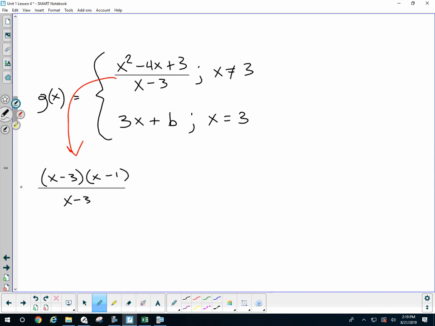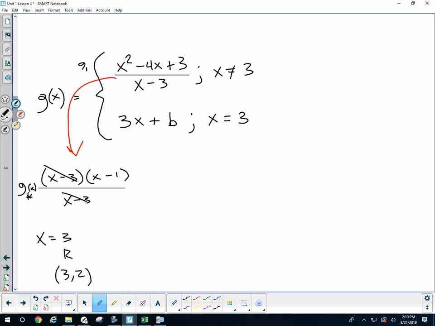And I'm creating this kind of, if this is G1, this is G1 star. And I can see when x is equal to 3, I have a removable discontinuity, and that location is at 3, 2.